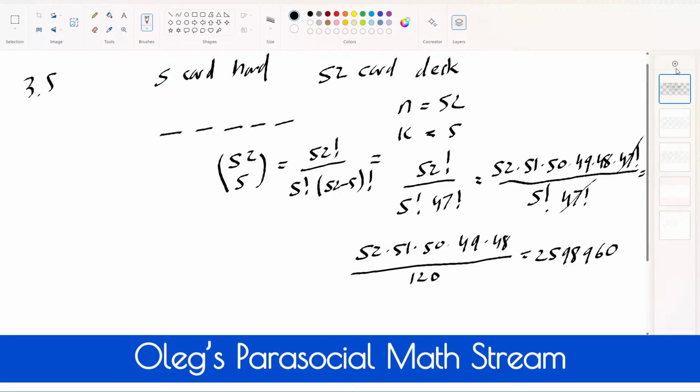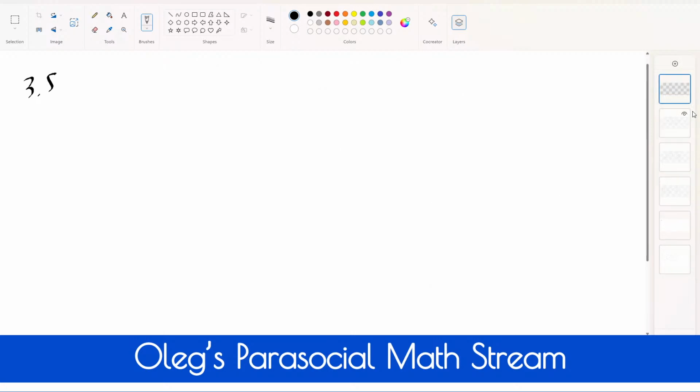Continuing on to the next page, we are on page 88. Example 3.14. This problem concerns 5-card hands that can be dealt off of a 52-card deck. How many such hands are there in which 2 cards are clubs and 3 are hearts?